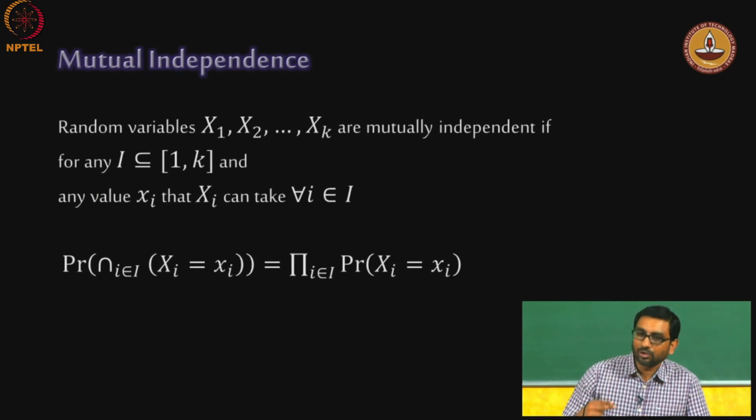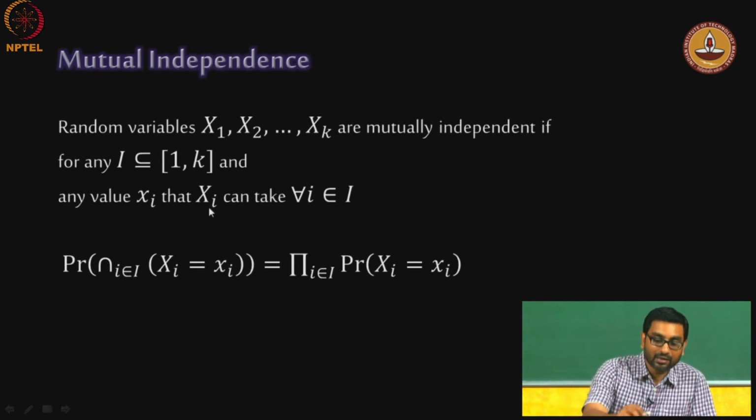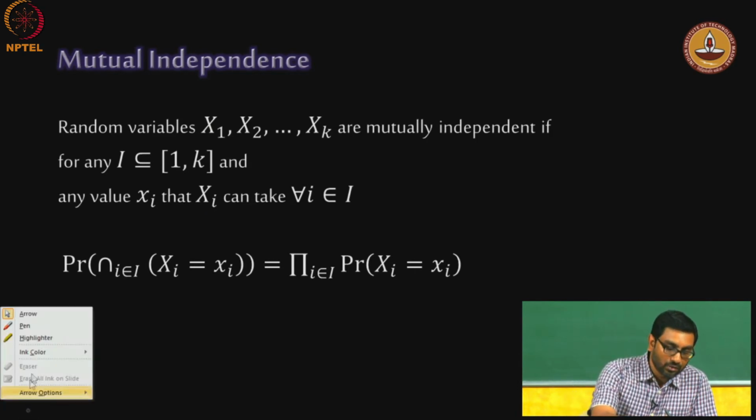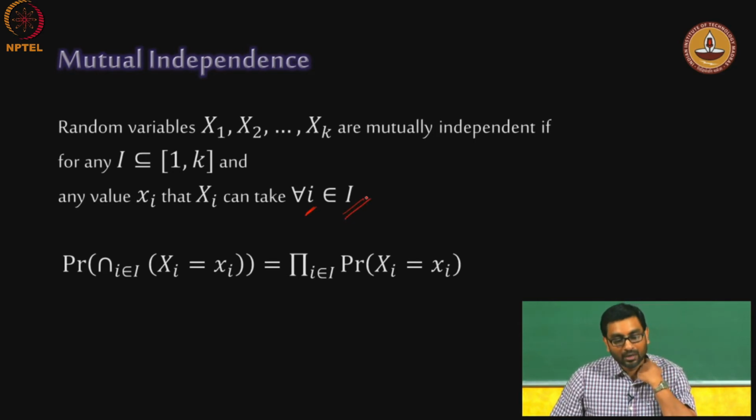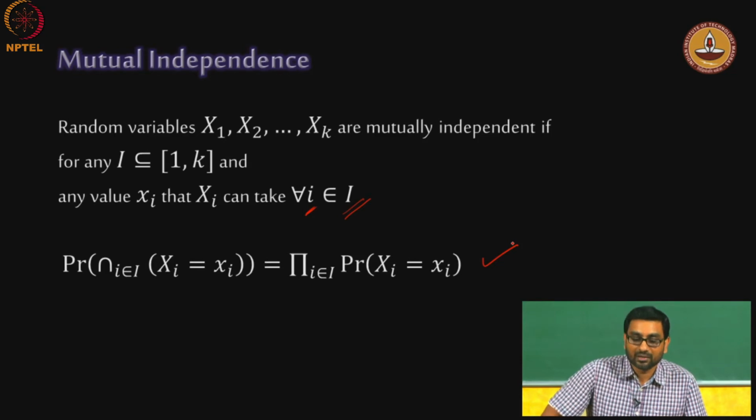The notion of mutual independence also extends, and we saw the notion of mutual independence as part of our tutorial last class, right. So, now if you have k random variables, x1 through xk, and for any subset of those k variables, and for any assigned values xi to random variable Xi, where i is in the chosen subset of indices, the independence condition has to hold.